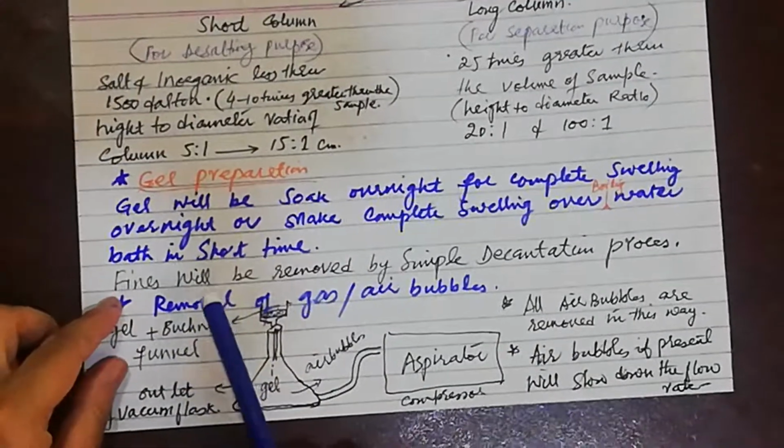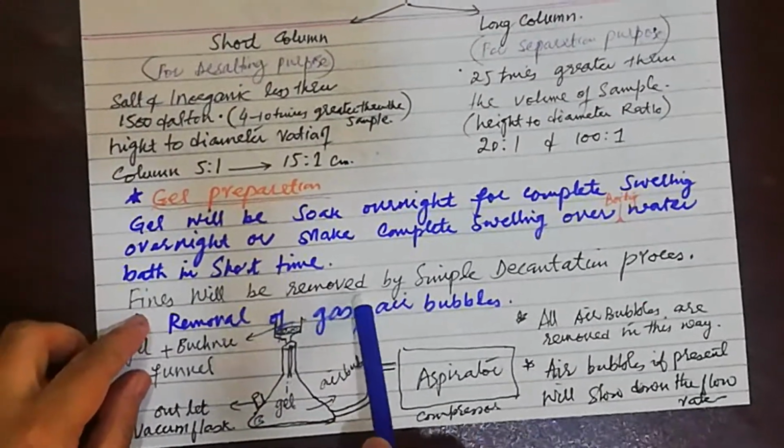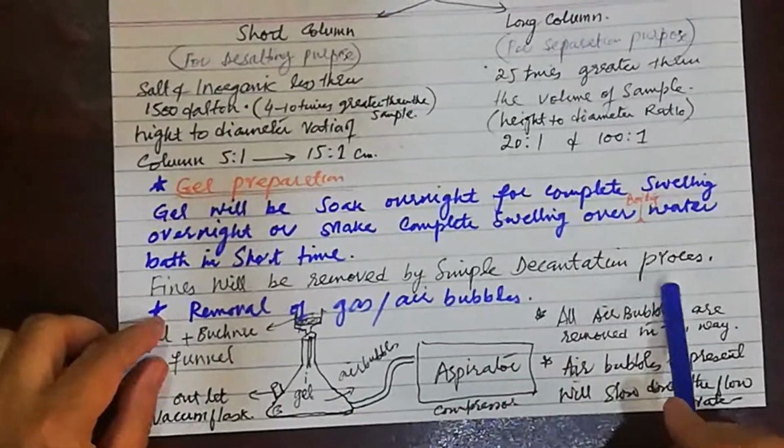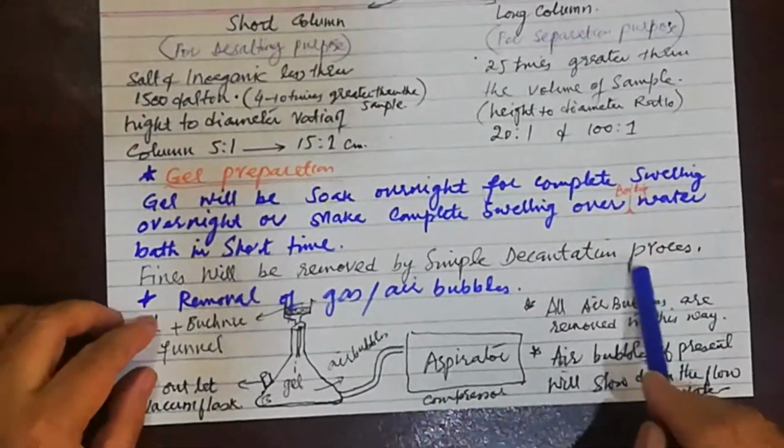Fines, if present in the gel, will be removed by the simple decantation method, as I explained in detail in ion exchange chromatography.